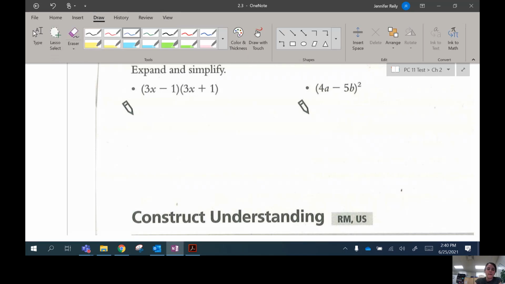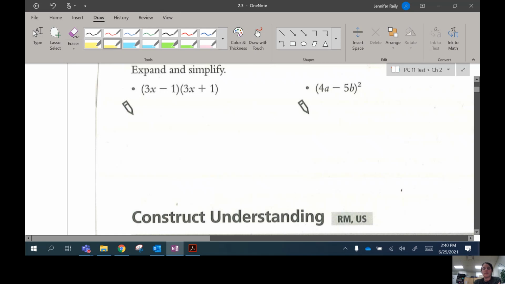Okay, so with foiling, we were multiplying two polynomials together where they each had multiple terms. So what you want to do when you FOIL is take the first term in the first bracket and multiply it with each term in the second bracket. So I'll have two terms that get created from that.